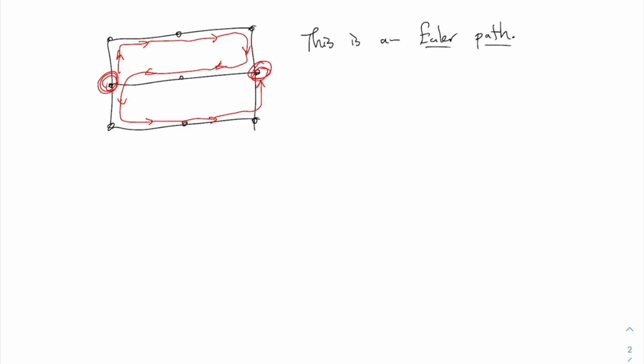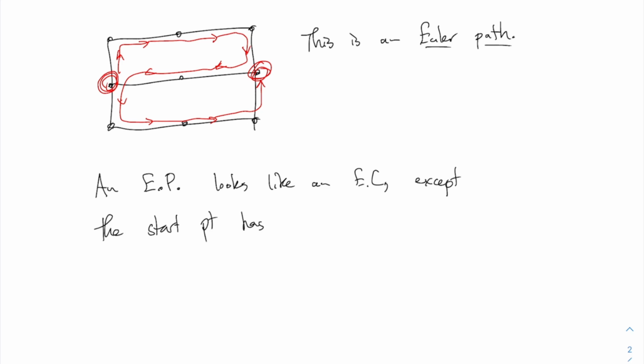So I'm going to say, can I just for now say EP for Euler path? An Euler path looks like an Euler circuit, except the start point has an extra leaving edge, because the one where you start, it actually does depart, and it doesn't come back eventually.